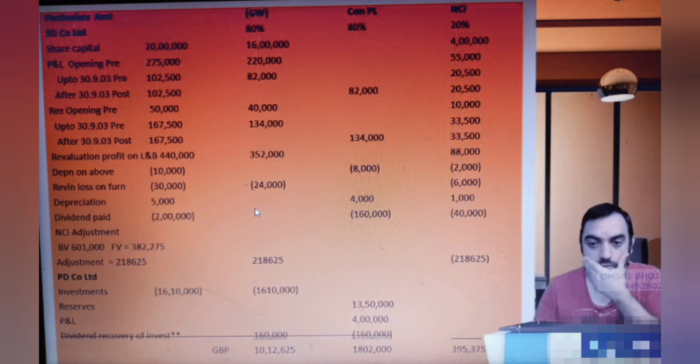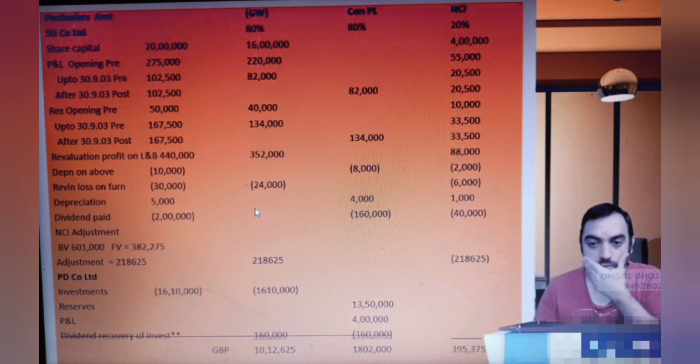Okay. Now they said 5% below that. NCI valuation, 5% below. So 10.0625 multiplied by 1 minus 0.05. 5% less. 5% I'm subtracting. And then multiplied by number of shares. How many shares are held by them? 40,000 shares, right?